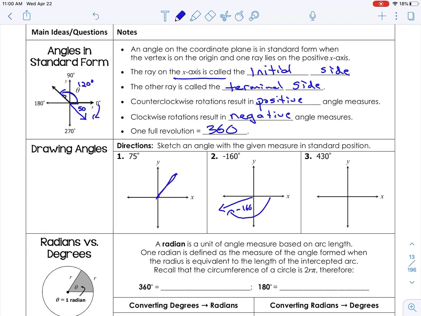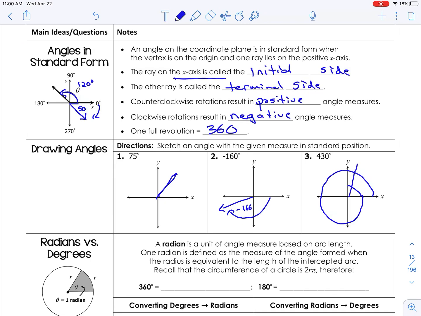430. Well, I know that's positive, so it must be going in a counterclockwise direction, so I'll go all the way around. That would be 360, and then 360 plus 90 is 450. That's a little too much. If I were to go here, I would see that a 450 degree angle is the same as 90 degrees.